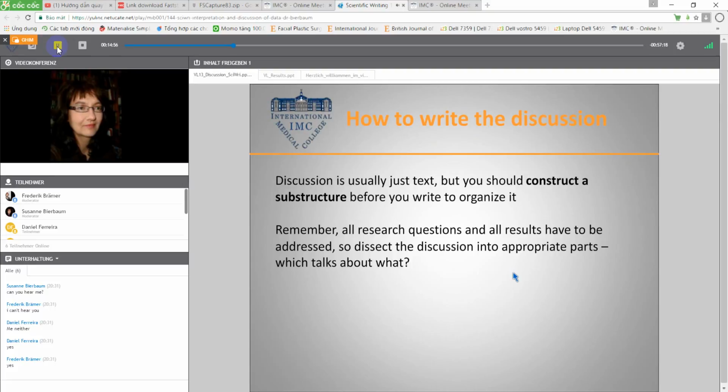In that case, you usually structure it according to your key findings. You measured something, and the 2, 3, 4 key findings, those will be your substructure. Talk about the first one, then the second one, then the third one. But you need some kind of substructure, otherwise the discussion is not going to be readable or writable at that.